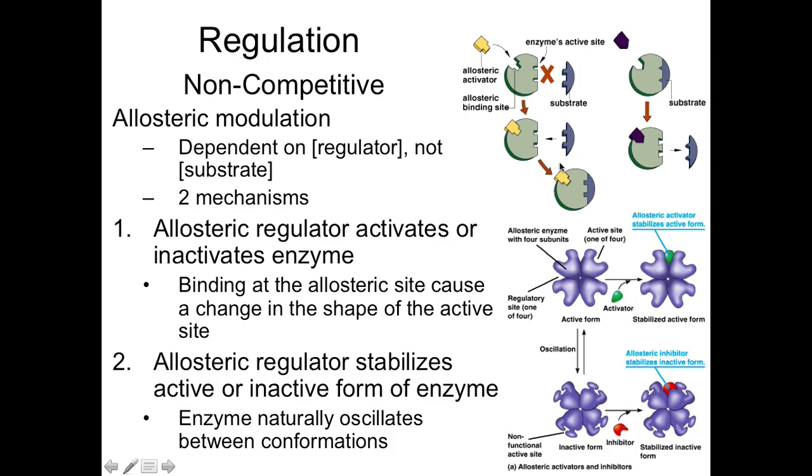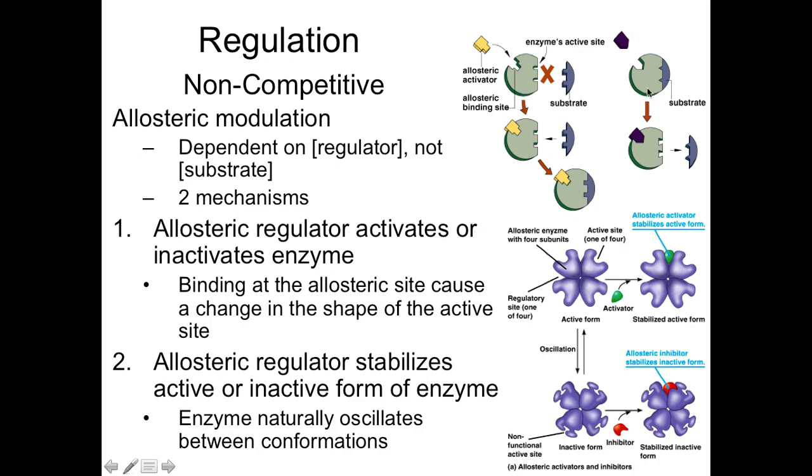Okay, so first we're going to talk about this scheme on the top here. And this can be either turning on or turning off the enzyme. Okay, so in this case, the allosteric regulator is turning on the enzyme.